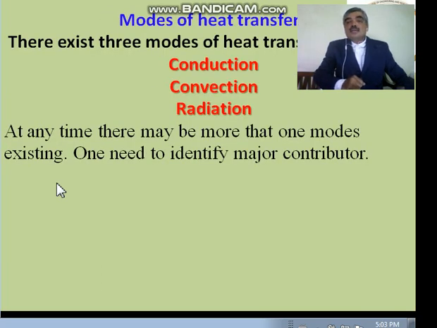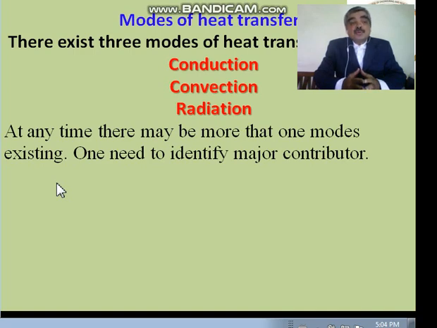Now let us move to the modes of heat transfer. There exist three modes of heat transfer, viz. conduction, convection and radiation. Please understand that at a time all the modes may come into the picture, but as an engineer we have to select the mode which is a major contributor.